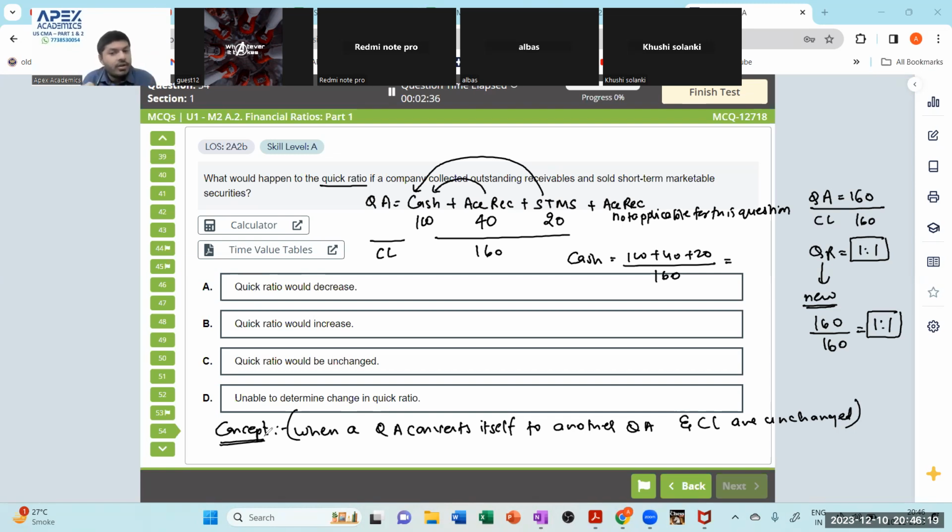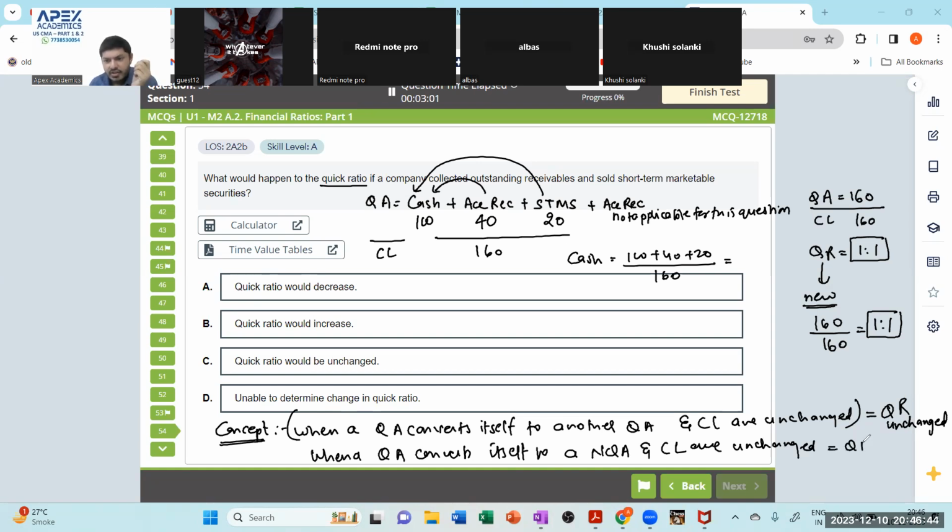In this scenario, quick ratio is unchanged. Agreed or disagreed? But when a quick asset converts itself to a non-quick asset and current liabilities are unchanged, then quick ratio will fall.